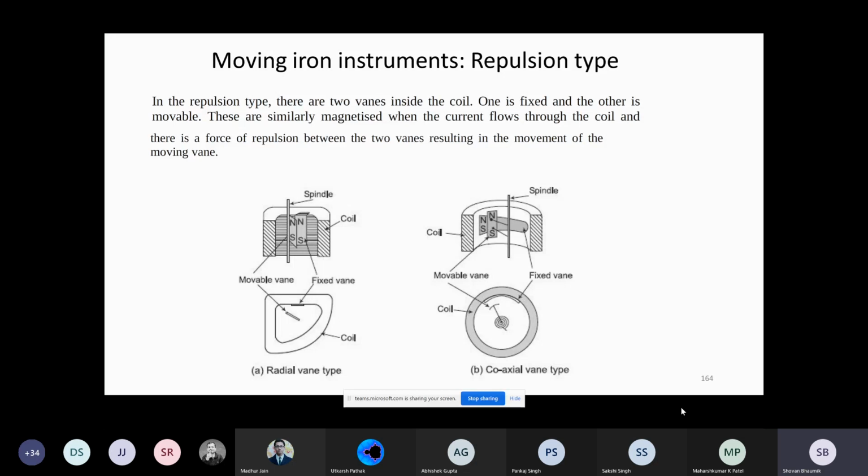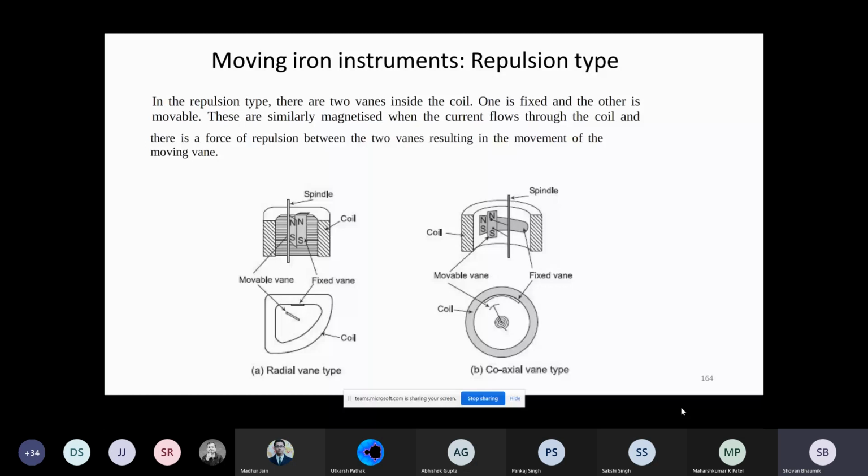So as a result, the pointer also gets deflected, and at the equilibrium point it will remain fixed, and that deflection can be measured over the calibrated scale to know the current or voltage of the circuit, or to know the current passing through the coil. That can later, if you want, be converted into voltage. So this is the main construction of the repulsive or repulsion type instrument.